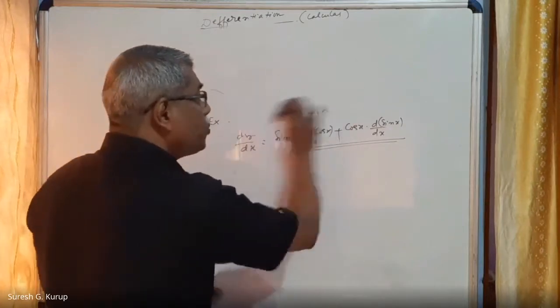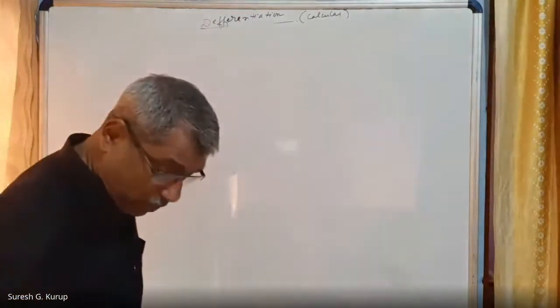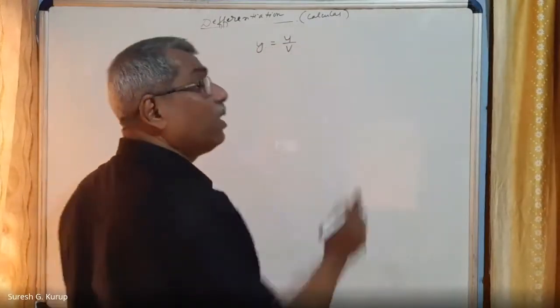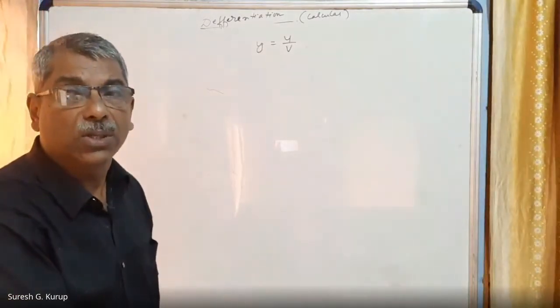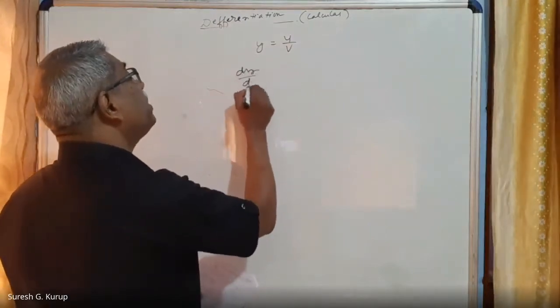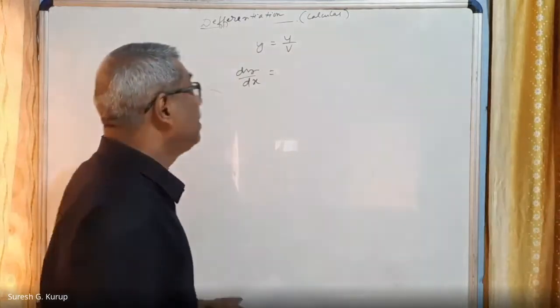Next is the quotient rule. It is the division of two quantities. For example, suppose y is equal to u by v. In this case, both u and v are functions of x, right? Then dy by dx is equal to, very simple, right? But you must have interest.